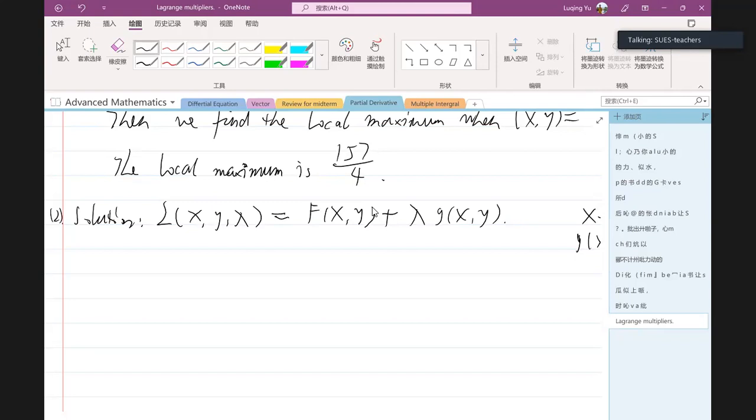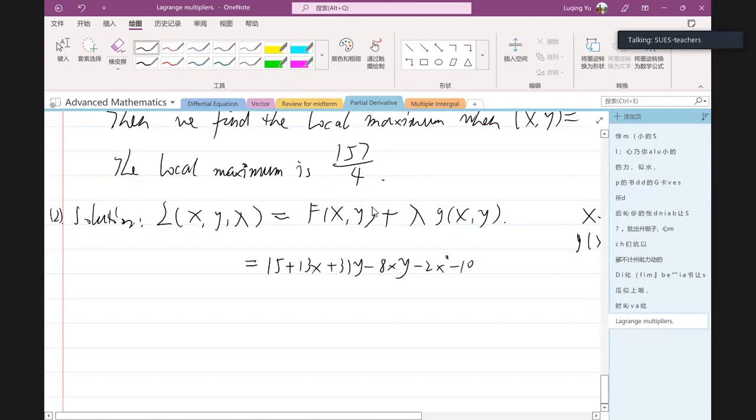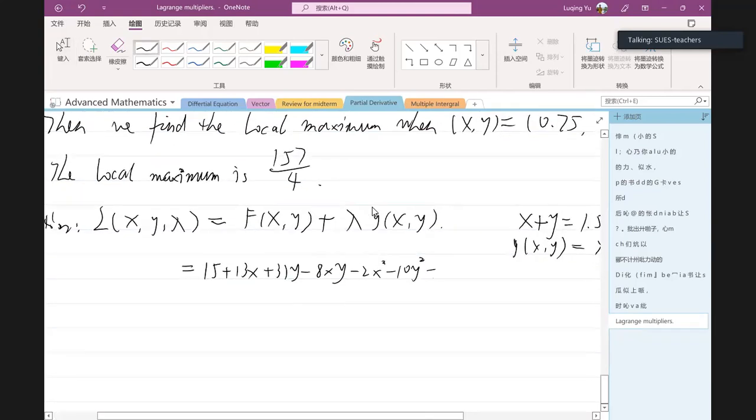So the function is L = 15 + 13x + 31y - 8xy - 2x² - 10y² + lambda times (x + y - 1.5).